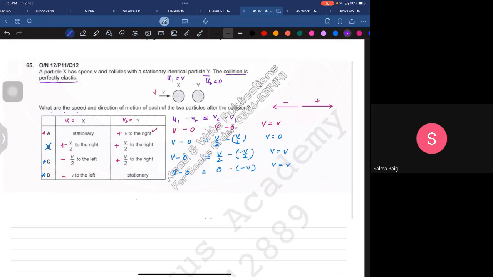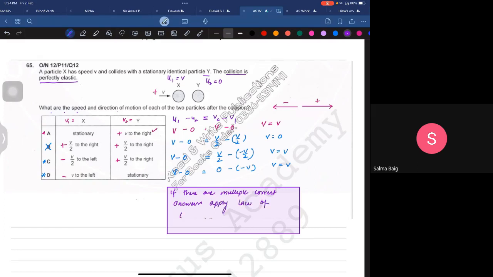All right. So let's write this important note here so that you do not make a mistake. If there are multiple correct answers, apply law of conservation of momentum.